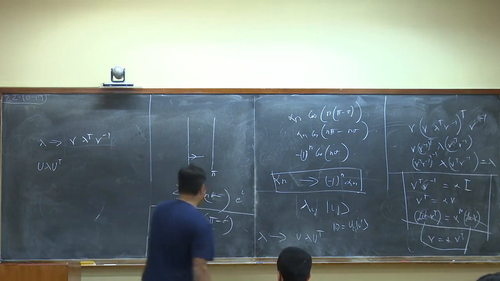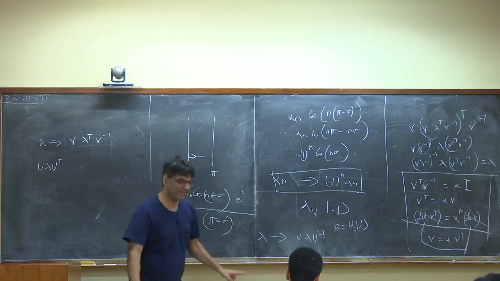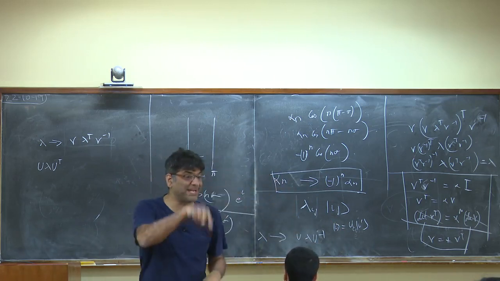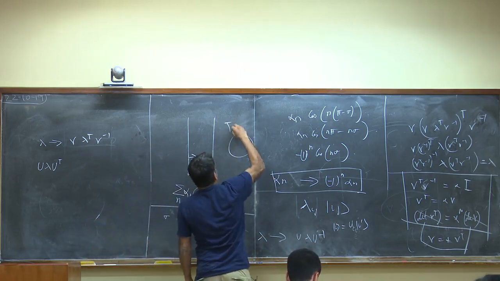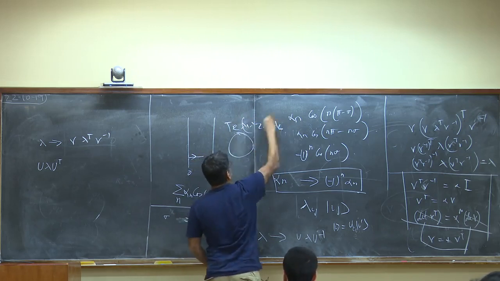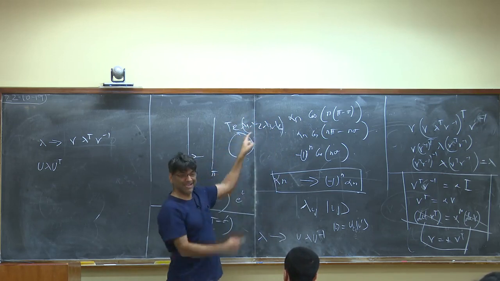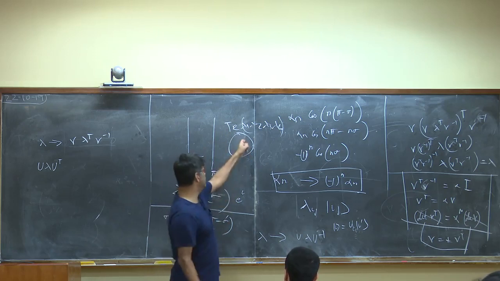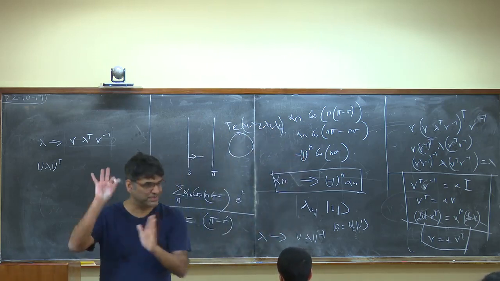So I'm sorry for getting so many things wrong. But this change would have had to be this, because what we often do is contract things. Like we take traces, right? For instance, in the Ising matrix, we had trace lambda 1, lambda 2, lambda 3, lambda 4, as you remember. What that means is we're taking the index on this side and contracting it with the index on that side. So if this is not to change structure, then if one changes with the u, the other changes with the u inverse.